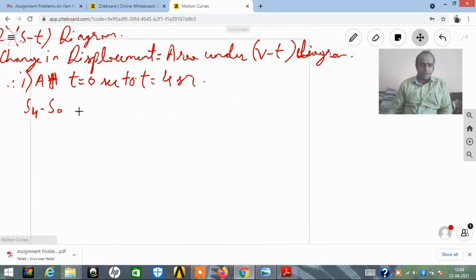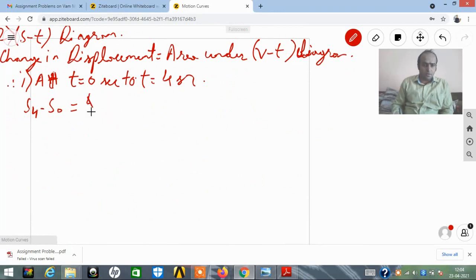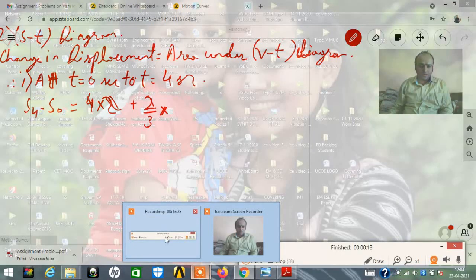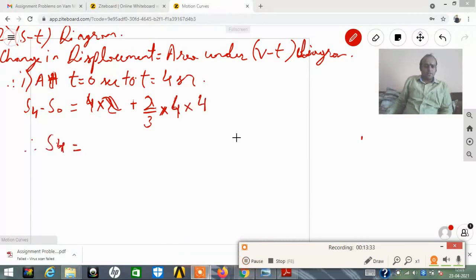S4 minus S0 is equal to 4 into 2, plus 2 divided by 3 into base, which is again 4, into the height 4. So it is 4 into 2, that is 8, plus 2 divided by 3 into 4 into 4, plus 8. So it is 18.667.